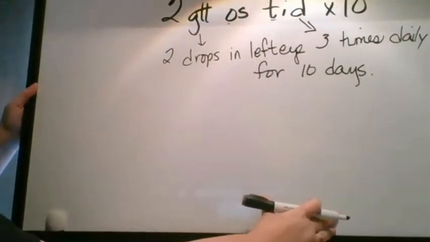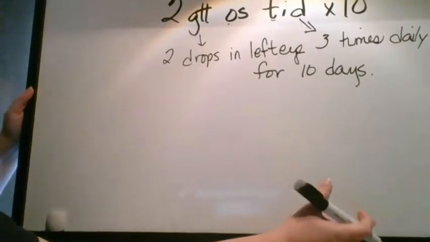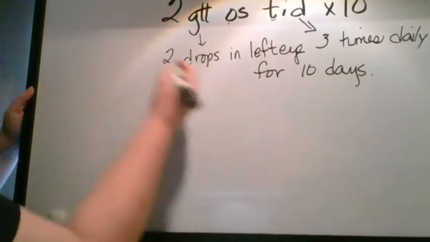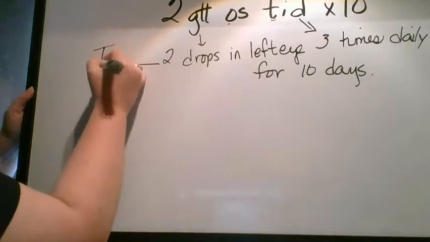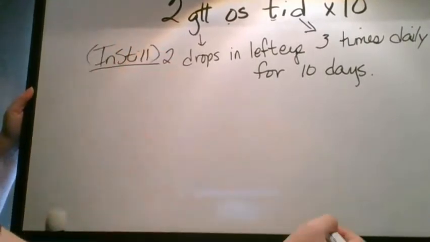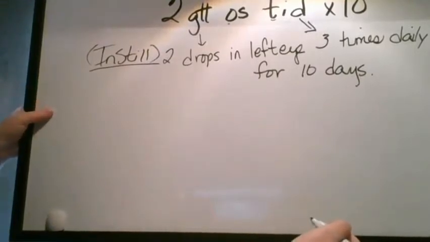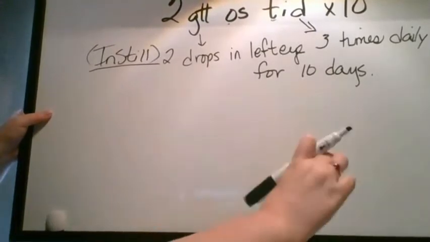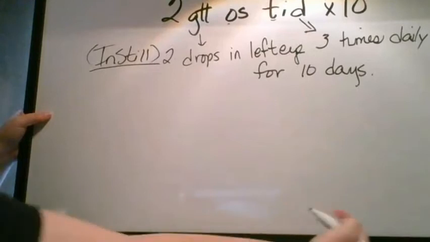Okay, and remember with these, you don't take eye drops, right? They get instilled. So that leading verb would be instill. Okay, so we're going to figure out how big a bottle they need to complete their therapy.